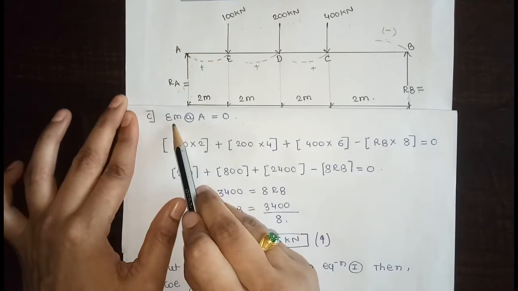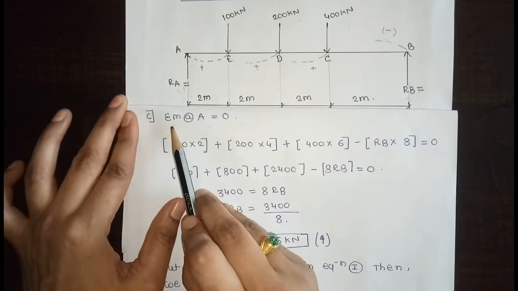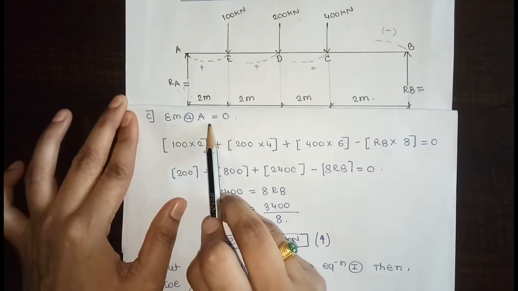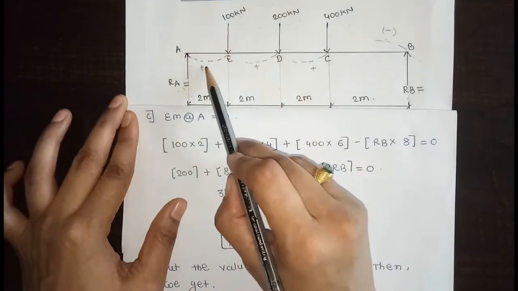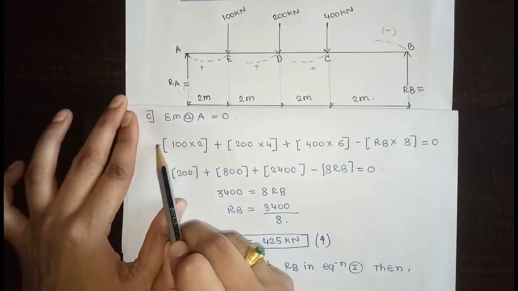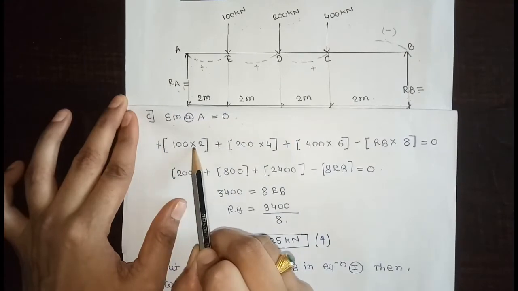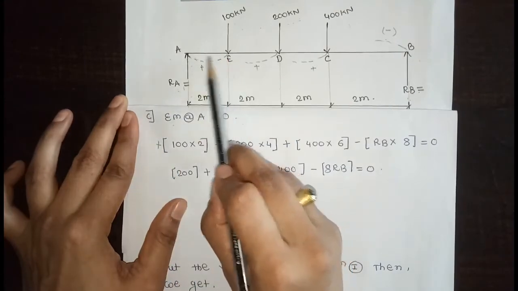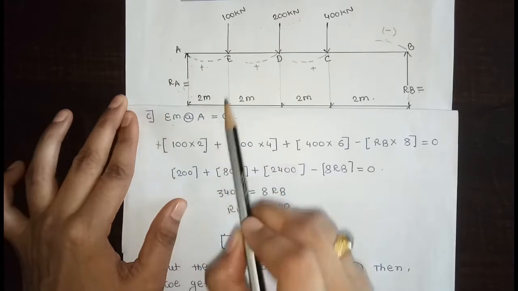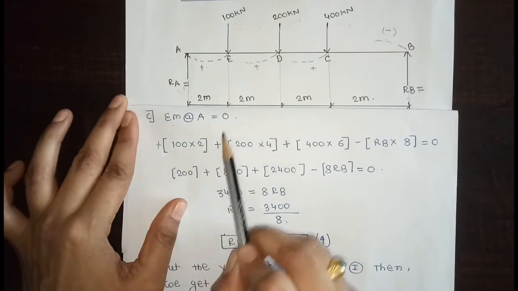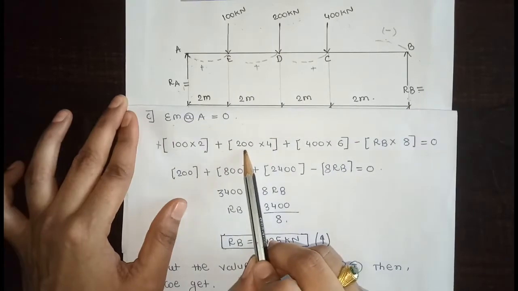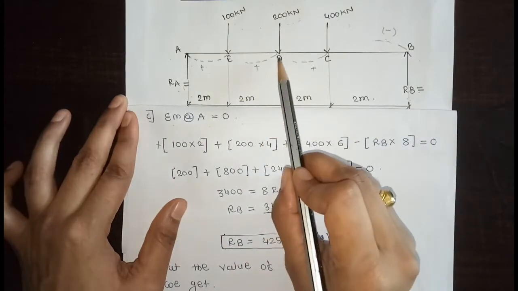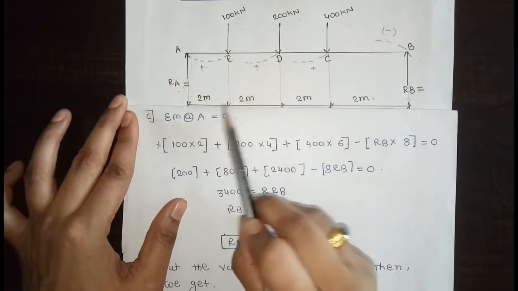And how to calculate the moment? Force into perpendicular distance. So the first force is 100 kN, clockwise, plus 100 into perpendicular distance E to A, 2 meter, 100 into 2. Then second force 200 clockwise, plus 200 into perpendicular distance D to A, 4 meter.